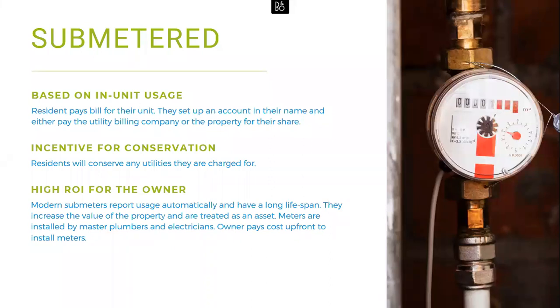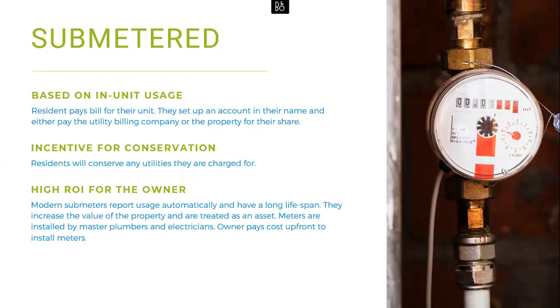And so there is an incentive to conserve, which I think is important for the resident, the owner, and the planet. If they go easy on their utilities, they're going to have a better bill and have more control over their budget.